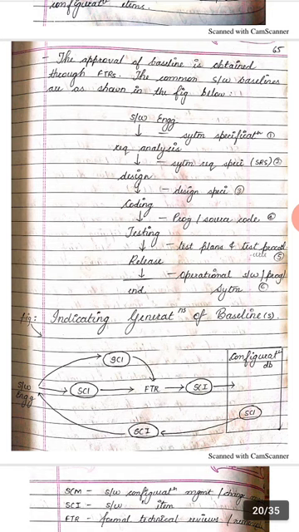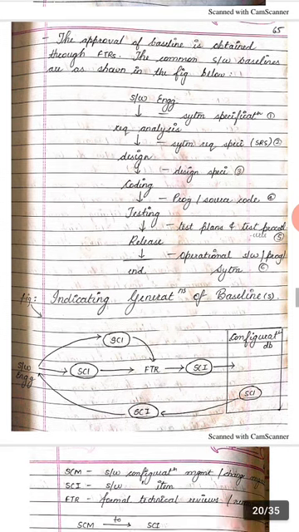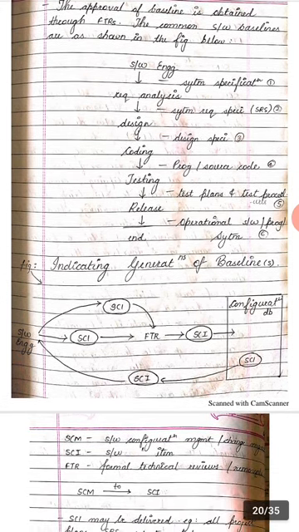Later on, you go for coding, that is the source code. Once the code is done, you can begin the testing. Some test plans, some test procedures will be applied. Finally, you will release your software. You will see which operating systems it supports, what are the limitations.